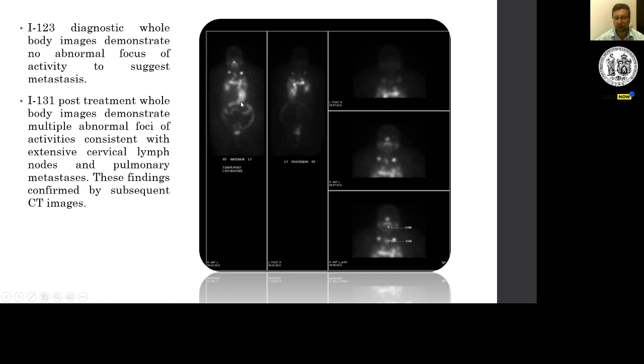These findings were confirmed by subsequent computed tomography images. So it means that in this patient there is the spread, advanced disease, and metastasis in the lymphatic nodes are presented as the bright focuses, bright nodules on this image.